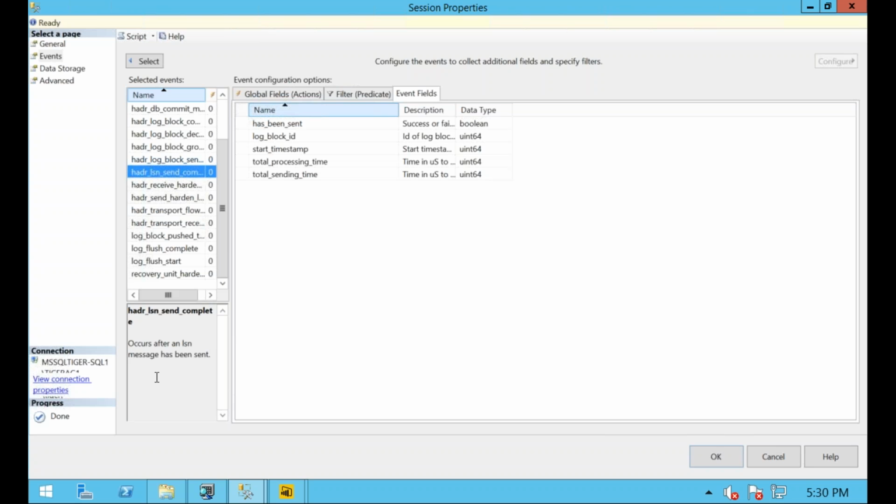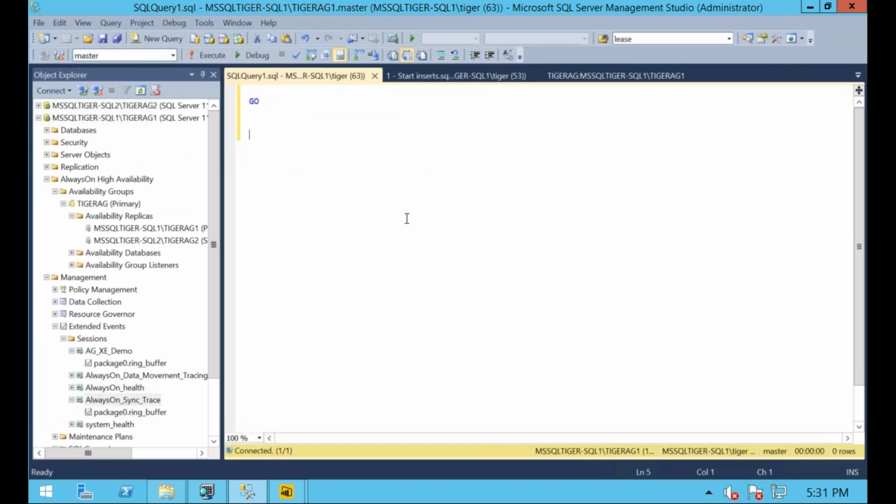So it gets very, very granular. What you need to remember is all these events process in microseconds, not in milliseconds. That's a good thing to keep in mind when you're looking at the numbers. So don't get alarmed if you start seeing five digits if you're not dividing them by 1,000.